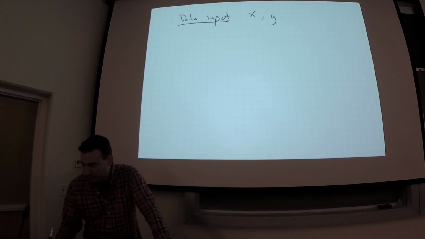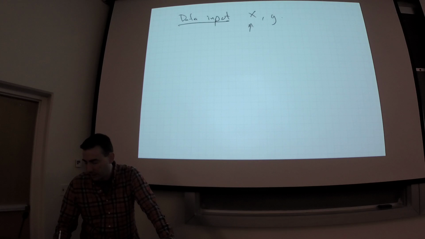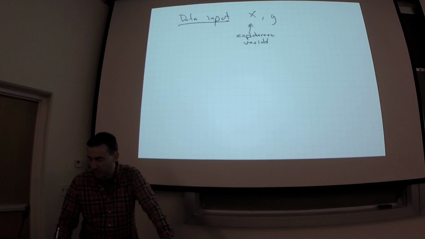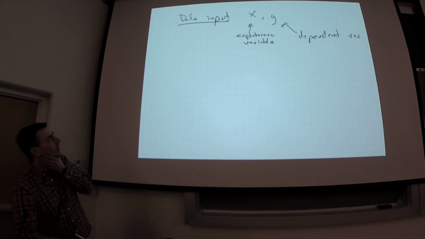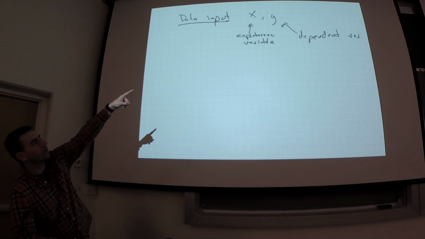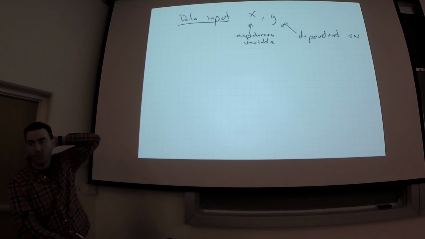So in the simple setting we'll talk about, this is going to be the explanatory variable, and this will be the dependent variable. Okay, so we're going to look at the data in X and use it to try and guess what the data is in Y.